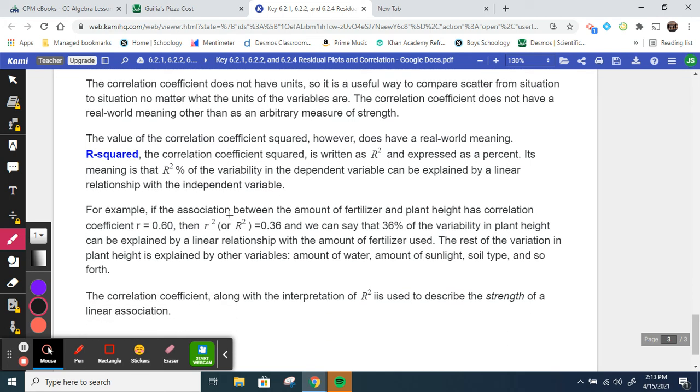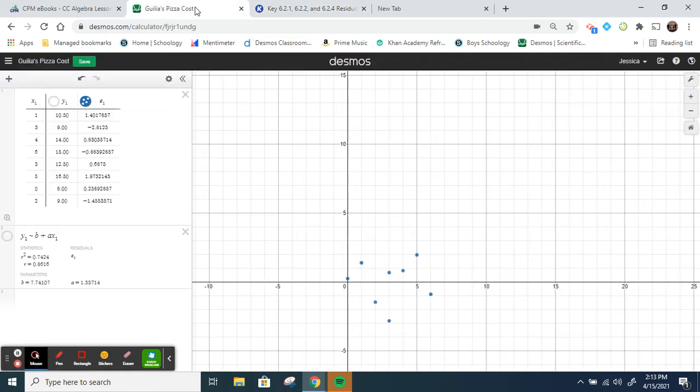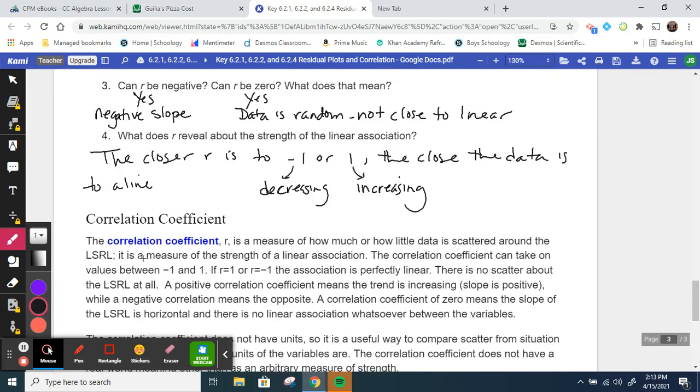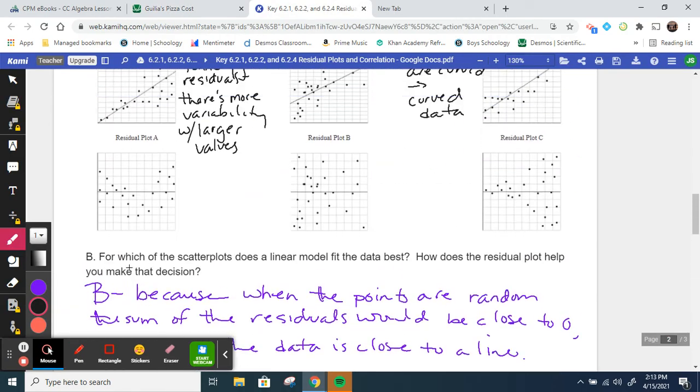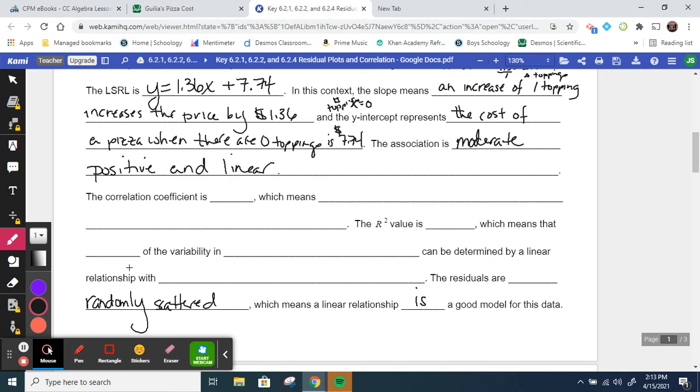Now next, actually before we do this, if we come back to Juliana, her R value right here is 0.8616. So we could fill this out now. The R value, the correlation coefficient, is 0.8616. That's pretty close to 1.